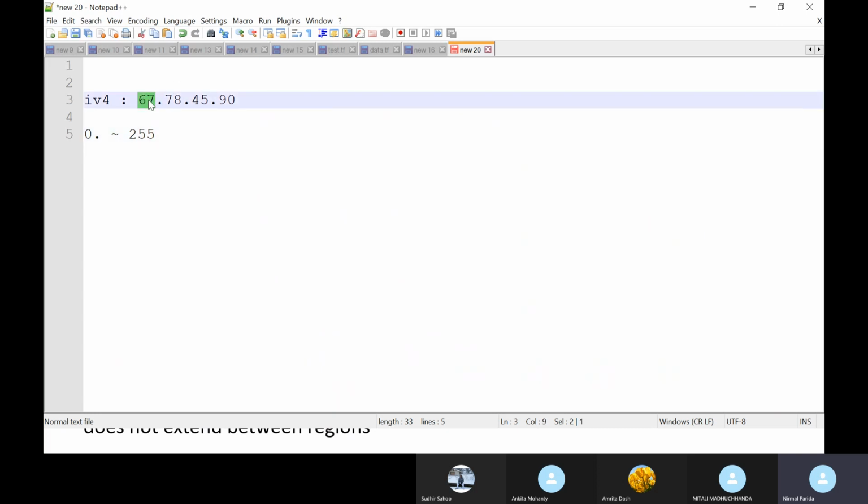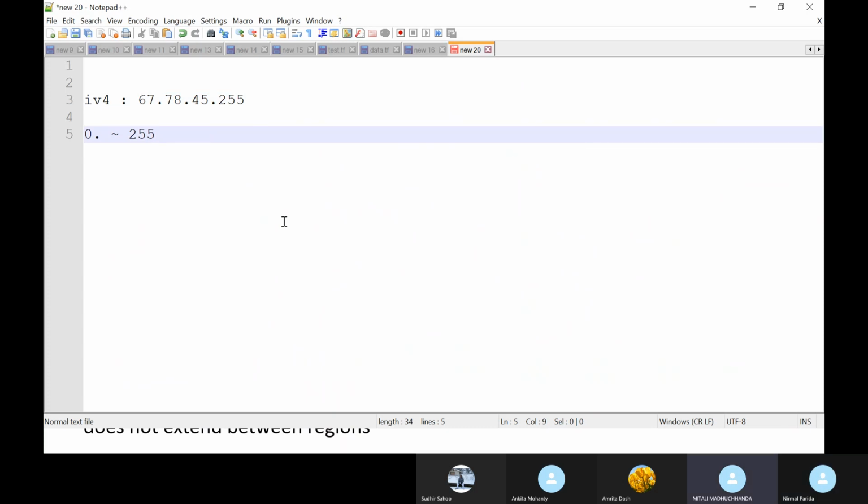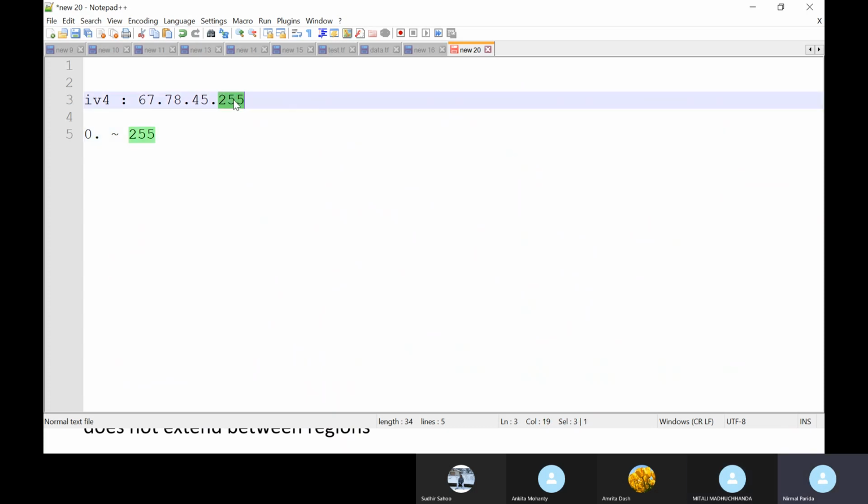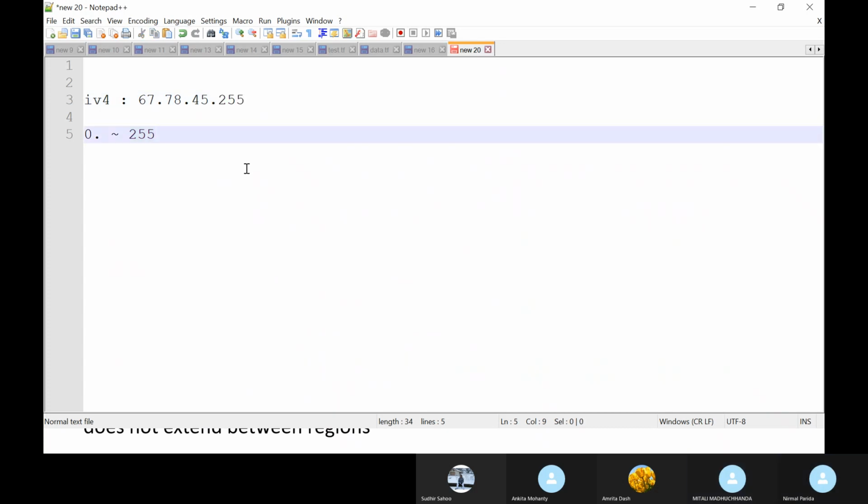The first can be 0 to 255, same for the second, same for the third, same for the fourth. You might have seen some IP addresses, right? Yes. The IP address is like this, maybe 125, and maybe the last is 255, and it will not go beyond 255 because its range is 0 to 255, 8 bit.